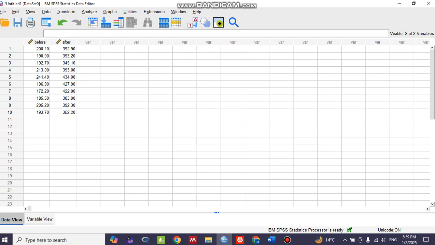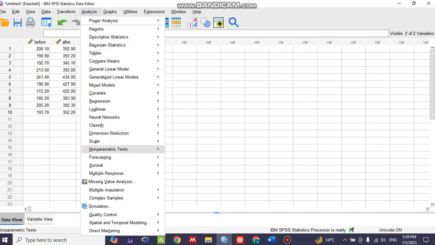So let us first perform the normality test. I am using SPSS 27, and you must remember that in SPSS 27 the output version is different as compared to 25 or 26. I am using 27, so you must use 27 to get the same output.